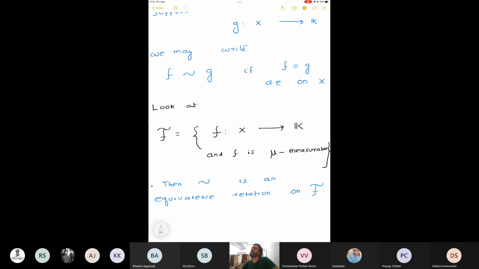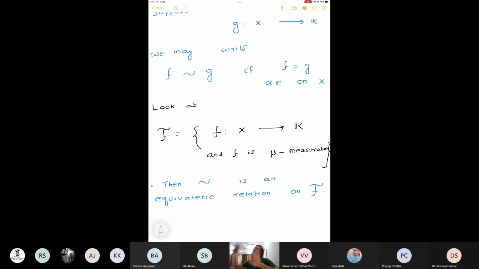Similarly, G is equal to H almost everywhere means you can throw away a set, need not be the same set, say B, where B is of measure 0, so that G is equal to H except on the set B. Okay.